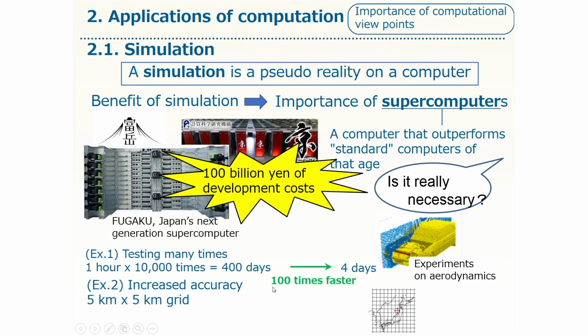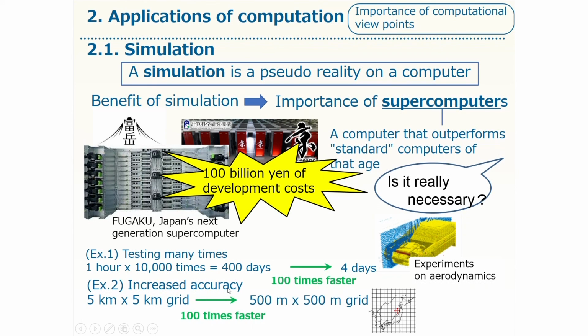Or you could also contribute to improving the accuracy. For example, when we look at the grid here in a weather forecast, suppose again that with a 5 kilometer times 5 kilometer grid, you are able to compute it within a reasonable time.